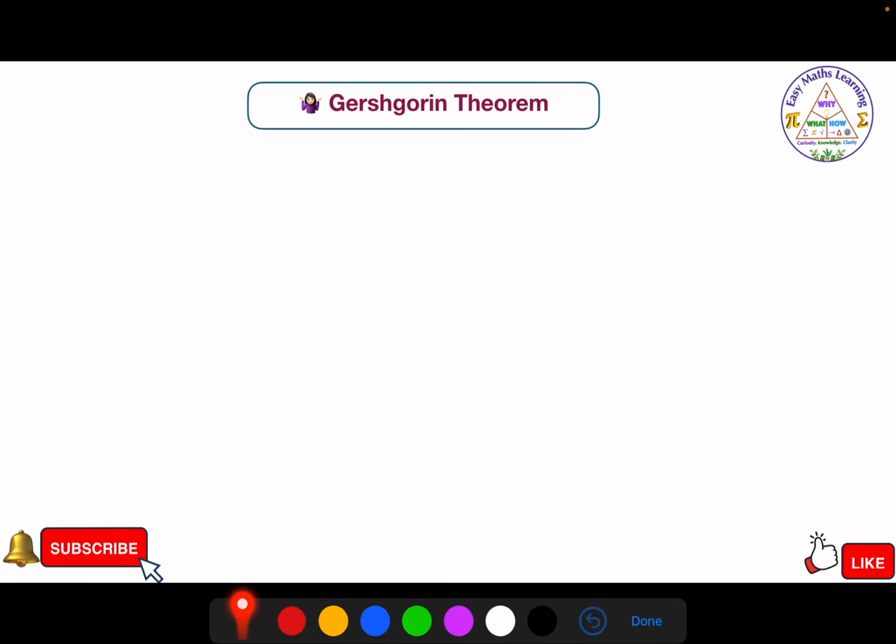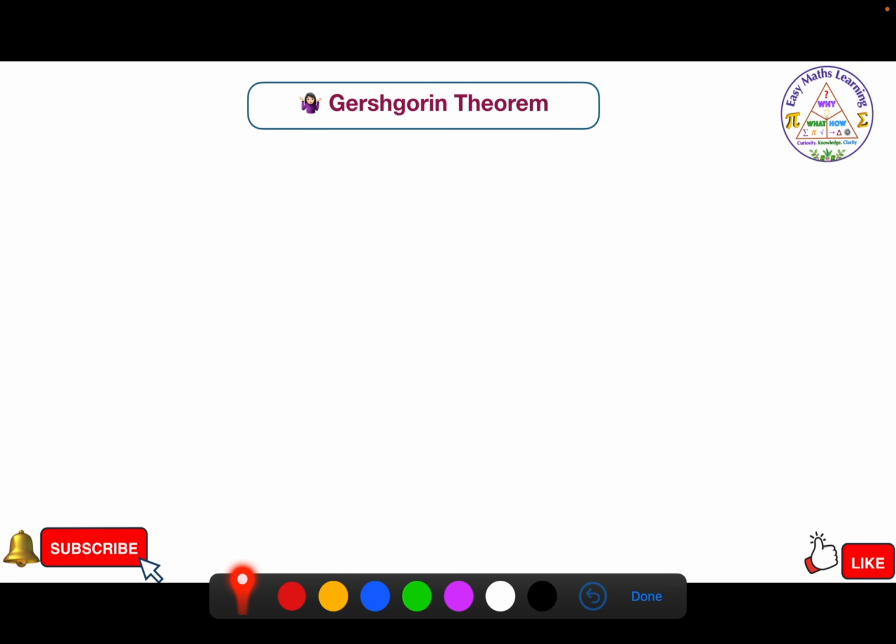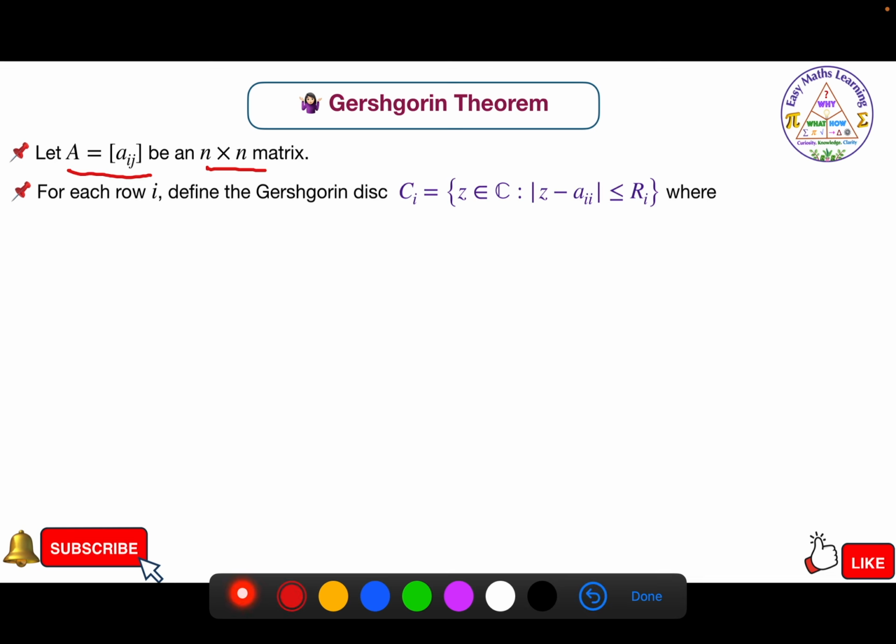Now let us state the main theorem, Gershgorin theorem. Let A be an n by n square matrix. We define this theorem with respect to rows. For each row i, we define the Gershgorin disk that we denote by Ci, defined as the set of all complex numbers satisfying this inequality.